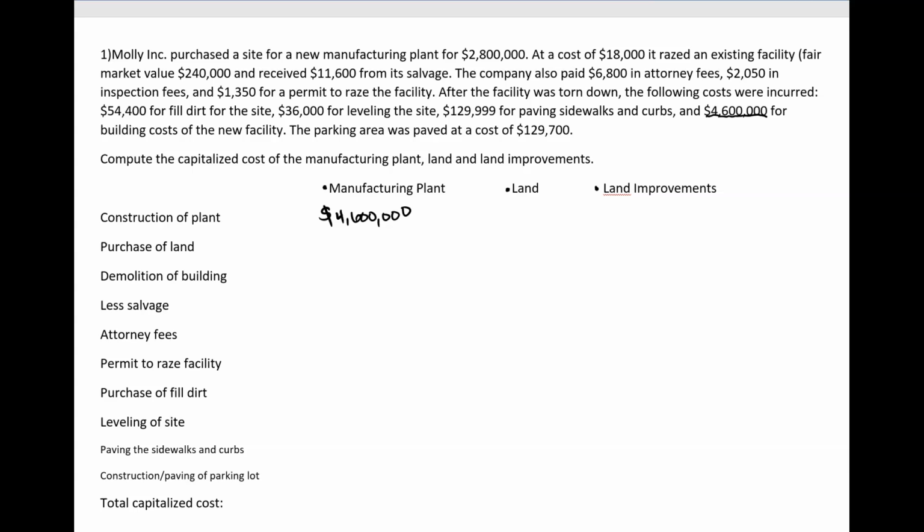Next is purchase of the land. The purchase of the land was $2.8 million. That will go under land. Then we have demolition of building.